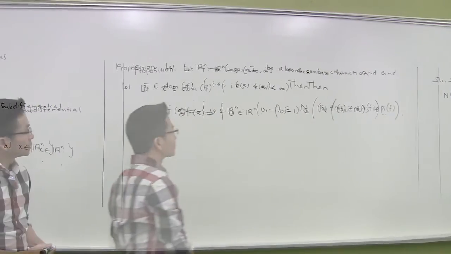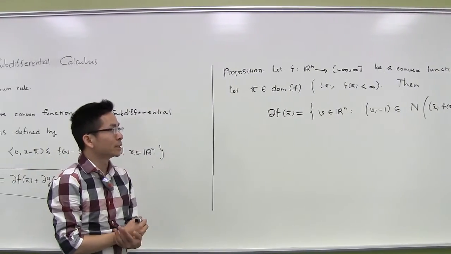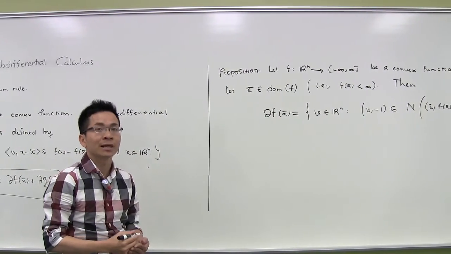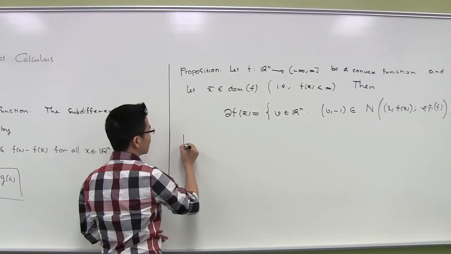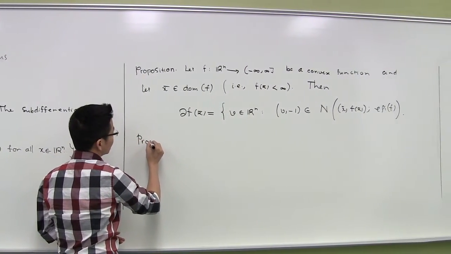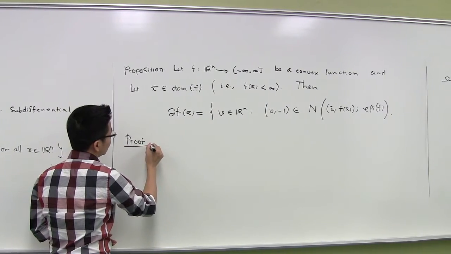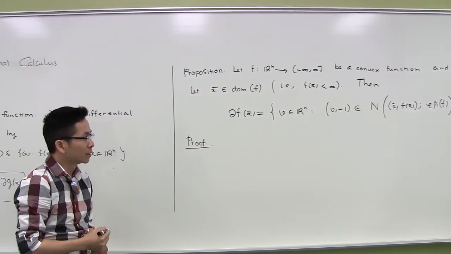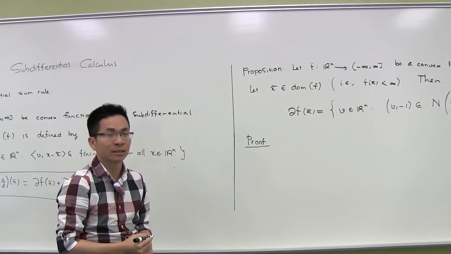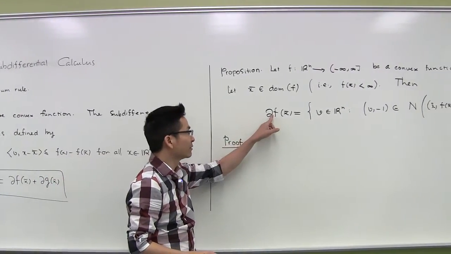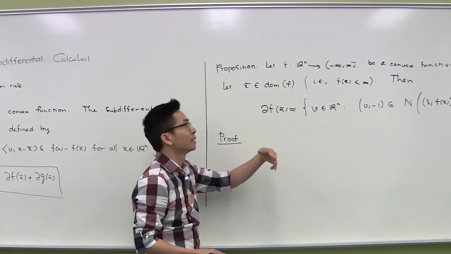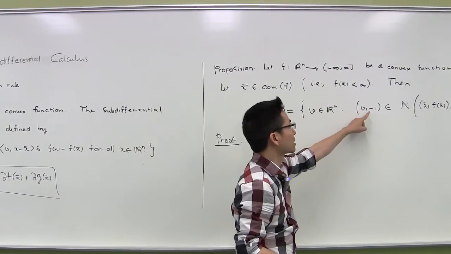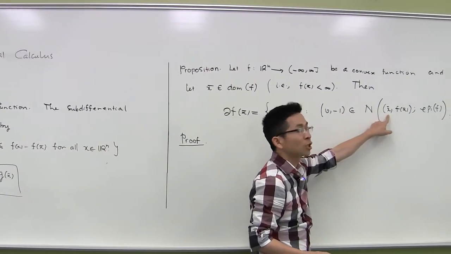Okay? The proof of this proposition is very simple. Let me go ahead and give the detailed proof. So in order to prove this proposition, we're going to take any vector v in the subdifferential of the function at x bar and then show that v, minus 1 belongs to this normal cone.